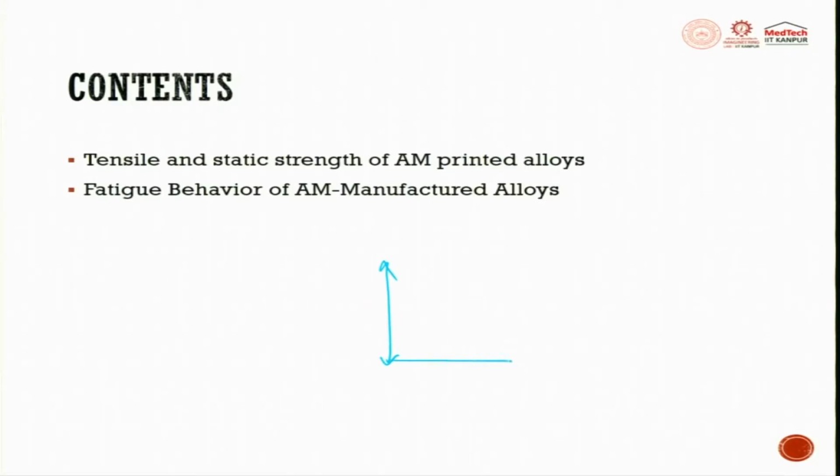Because if you have a homogeneous or bulk material, you do tensile tests preferably in 3 directions: 0 direction, 90 direction, and around 45 degrees. You cut the sample along these 3 directions, average out the results, and report the tensile strength.